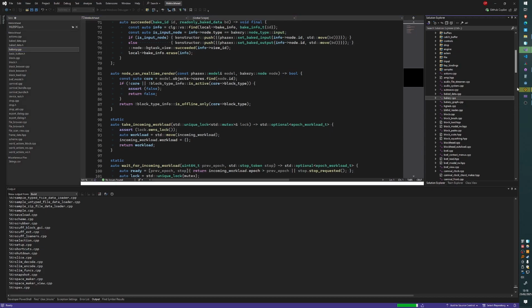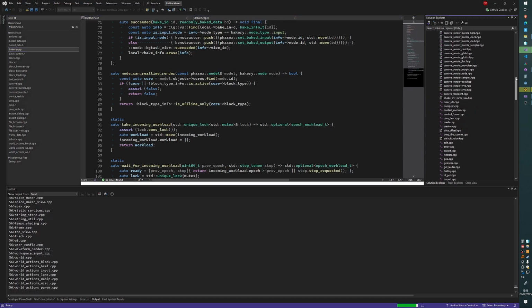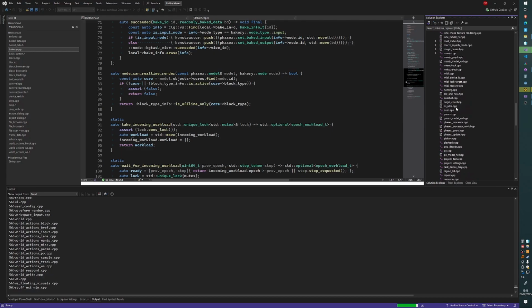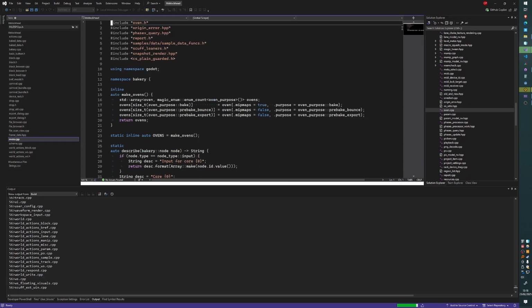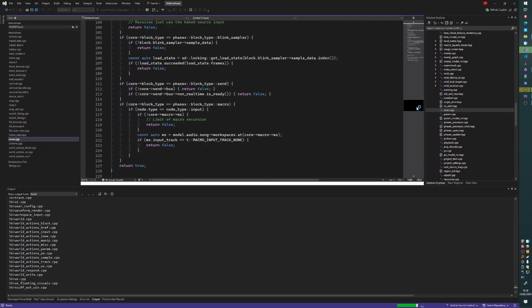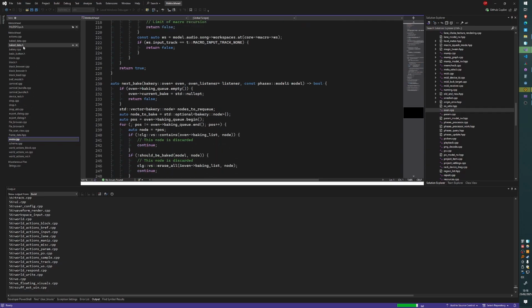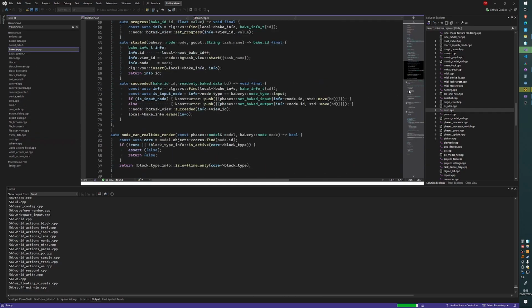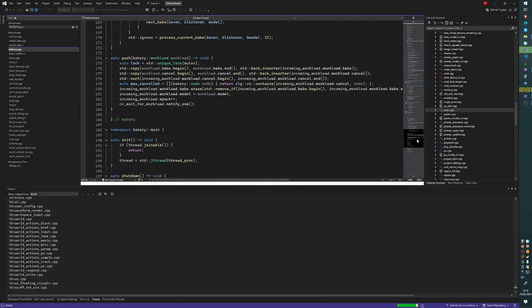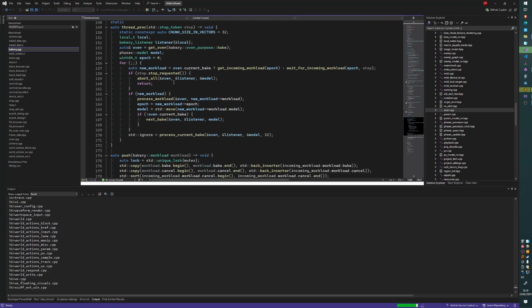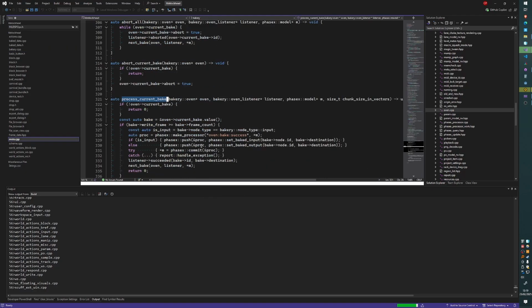Oh my god, Visual Studio is really struggling. This was added. So this is the main bakery loop. Process current bake.